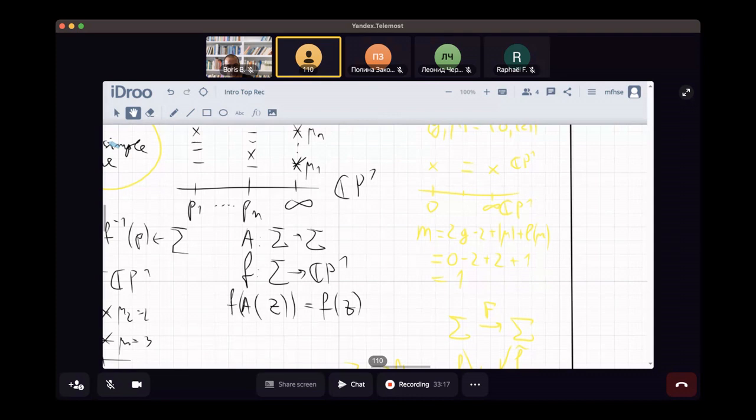If we reduce complex structure, then we get an isomorphism with CP1. And if there are two, then we get two isomorphisms.